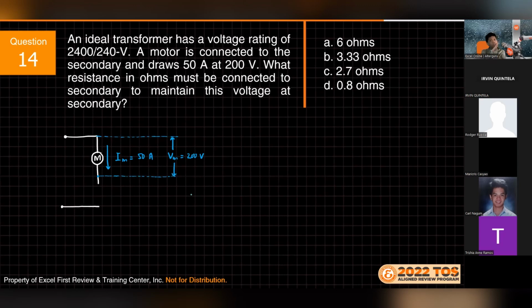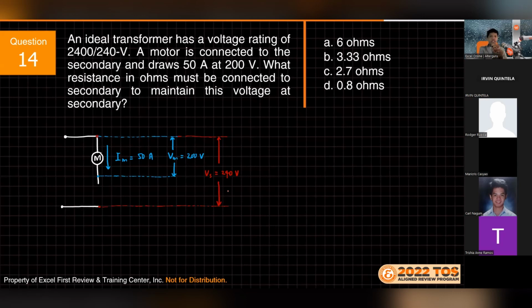Okay, so that one, no? Ngayon, since atong concern, ang secondary mo, it has what? Ito siya. Ang secondary natin, it has a voltage of 240 volts. Yan. Ngayon, ganito ang gagawin natin.